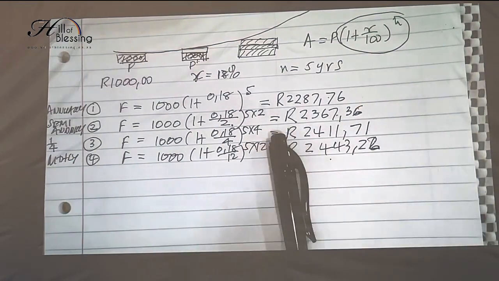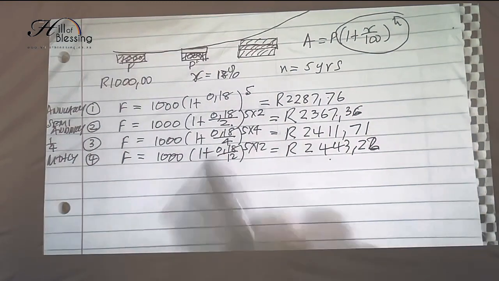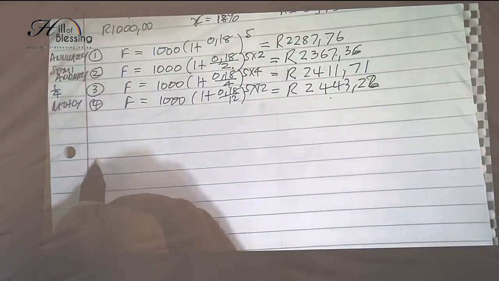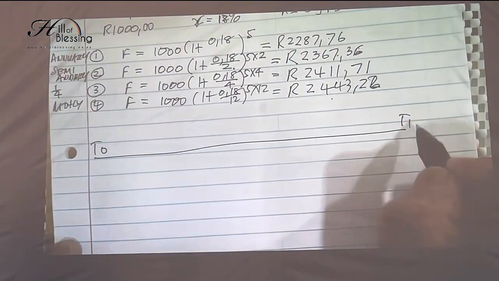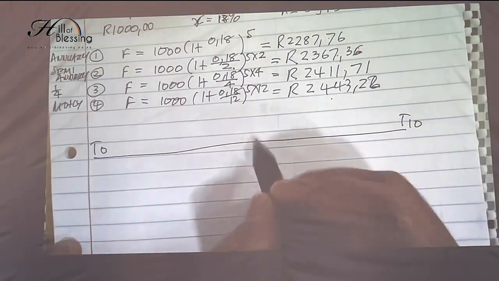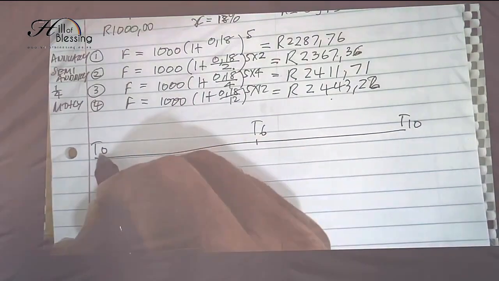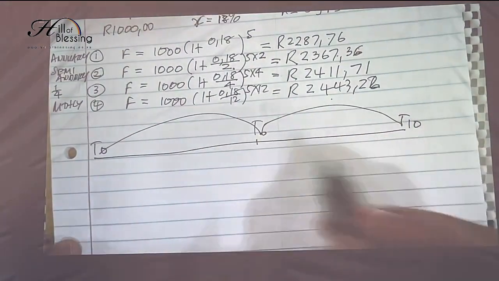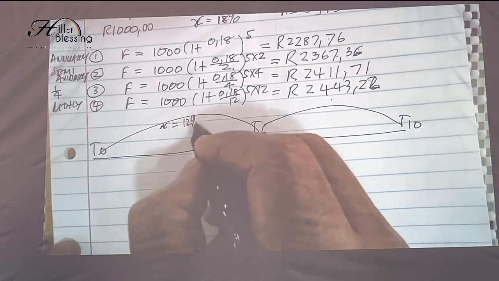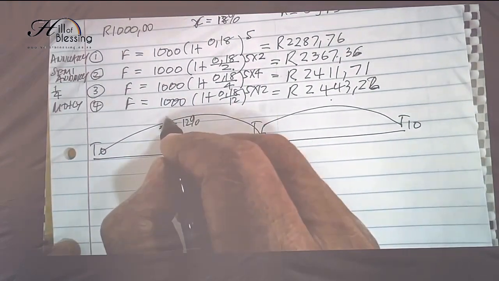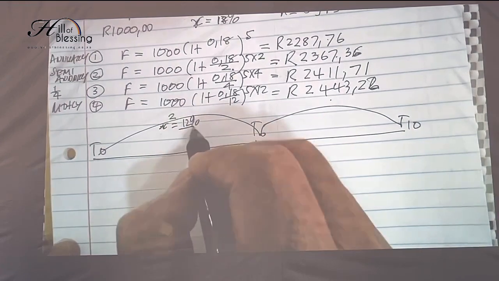In other words, if you put in the money, and if you remember when we taught you this lesson, you had a timeline, and you had T0, and you had, let's say, T10, and you had, let's say, T6, that's 6 years, and that's 4 years. If the interest was, let's say, 12%, but it was compounded, I2 means half yearly.